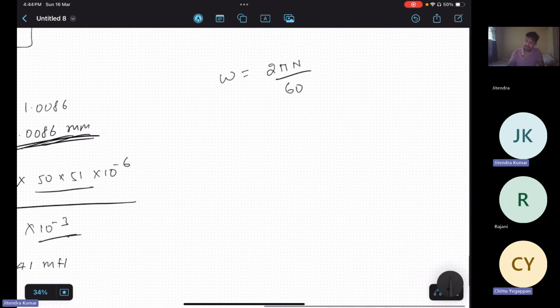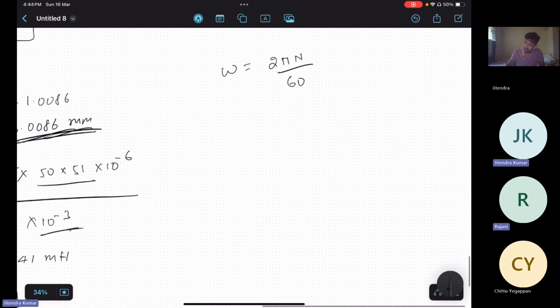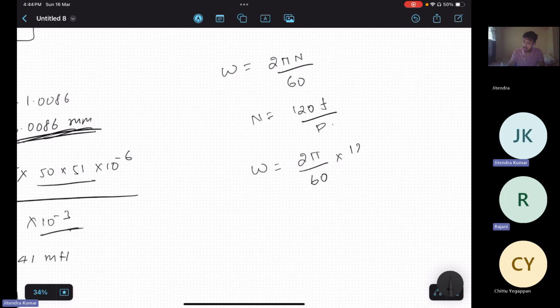Okay, 2 pi f is very specific for a certain pole number. Let us see what happens if we plug in n equal to 120 f by p. So omega will be 2 pi by 60 into 120 f by p.